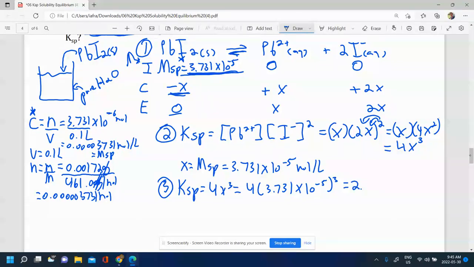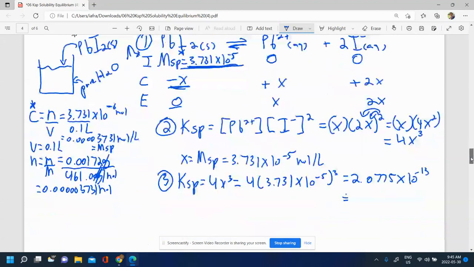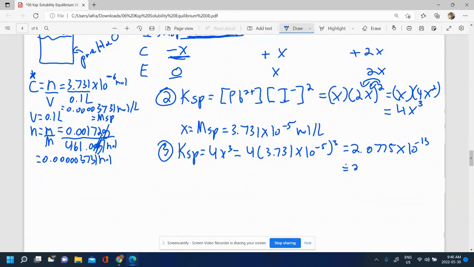And we get 2.0775 times 10 to the power of negative 13. Approximately, how many sig figs do we need? 3 sig figs. 2.08 times 10 to the power of negative 13. So therefore, the KSP is approximately 2.08 times 10 to the power of negative 13.